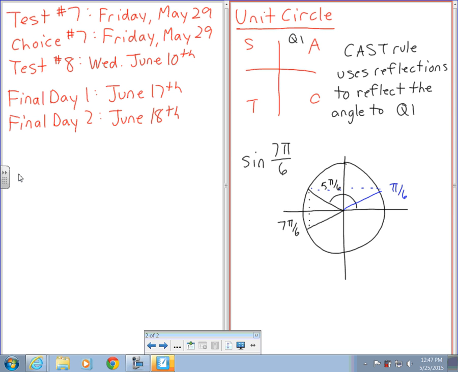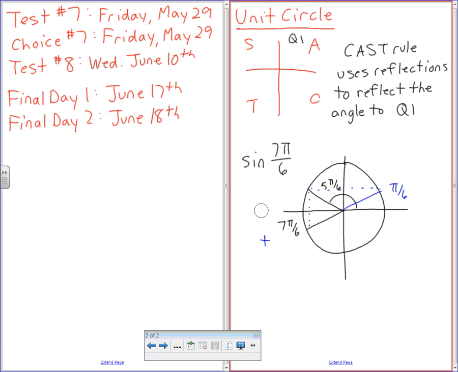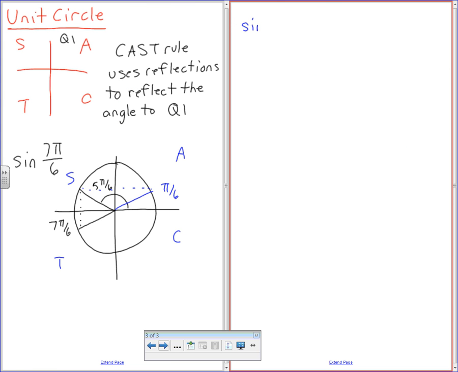So for sine, when you switch across the x-axis, it becomes negative. Very good. So if this is a positive value, that's going to flip to be a negative. So from the cast rule, I'm going to say sine of 7 pi by 6 is negative sine of pi by 6.